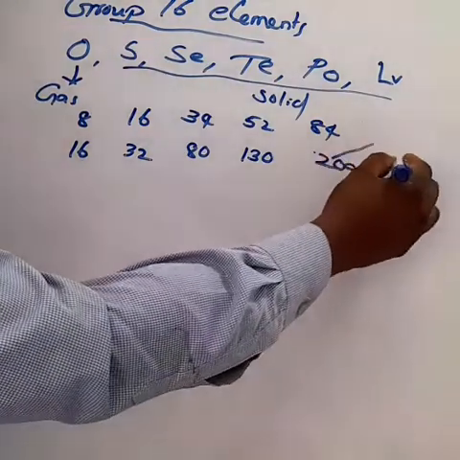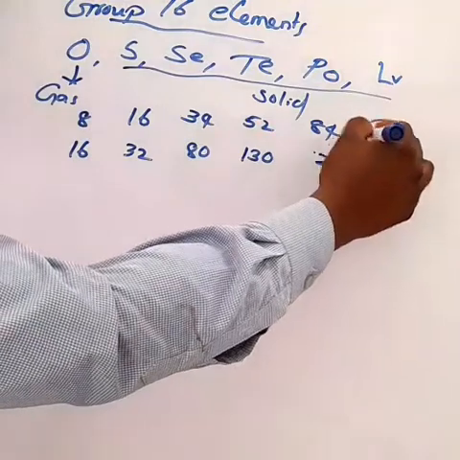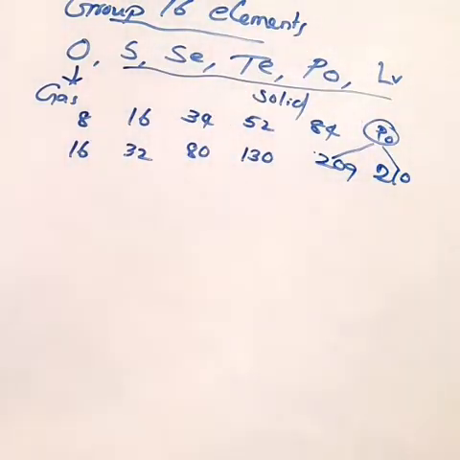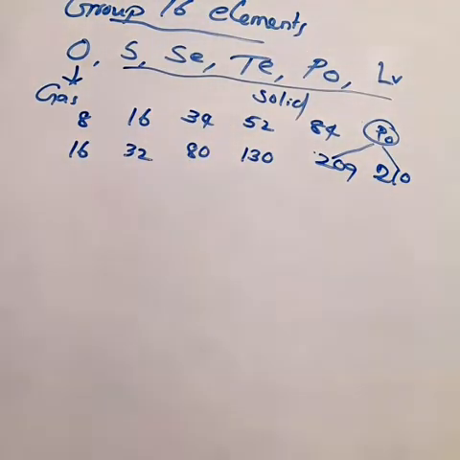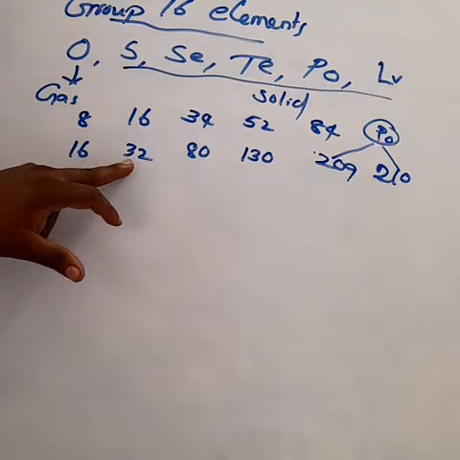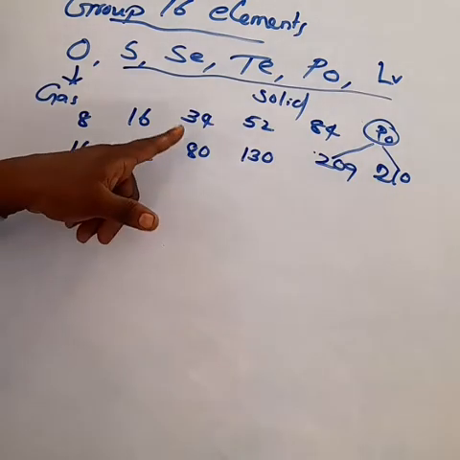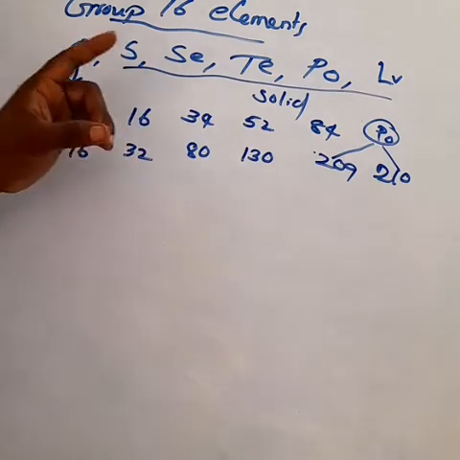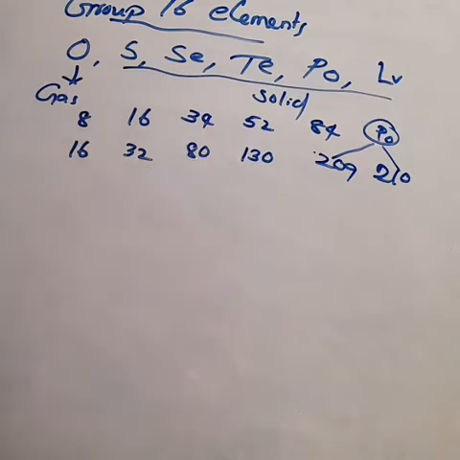Try to learn the atomic mass. Oxygen atomic mass is 15.99, sulfur 32.06, selenium 78.94, tellurium 197.68, polonium 209.